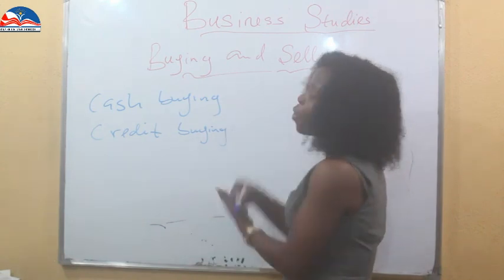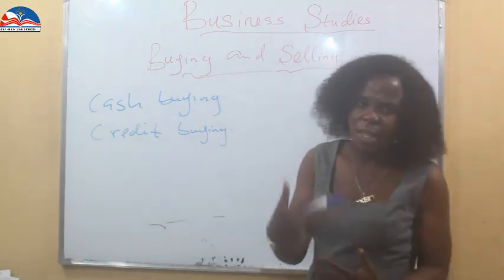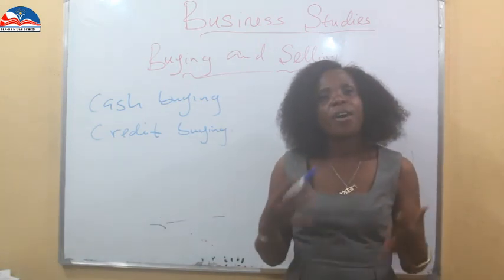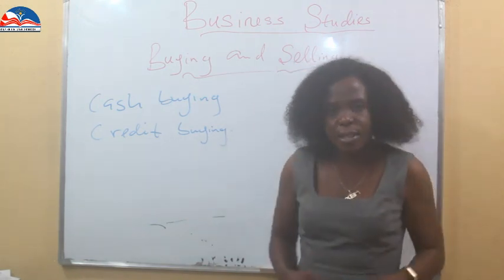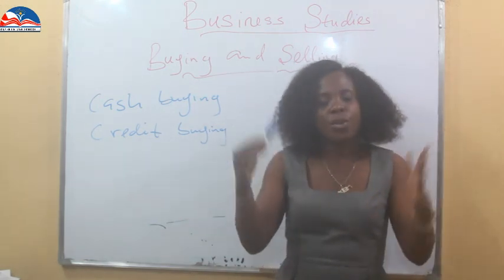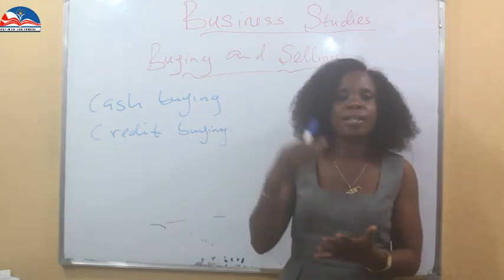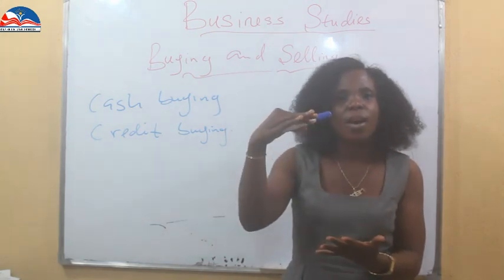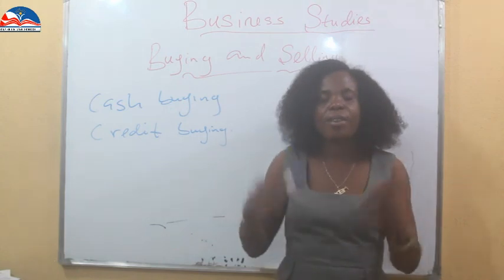But in the case of credit transaction or credit buying, it means that the buyer agreed to pay the seller on a set date or at a particular time. It might be in full at a set date, or in installments on different dates that they have agreed on.